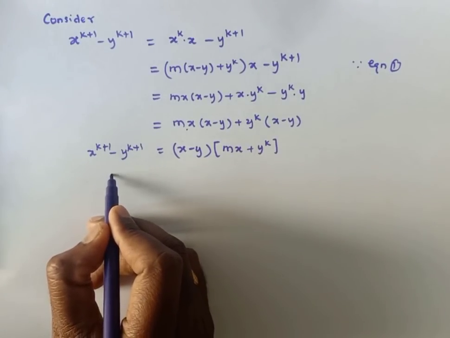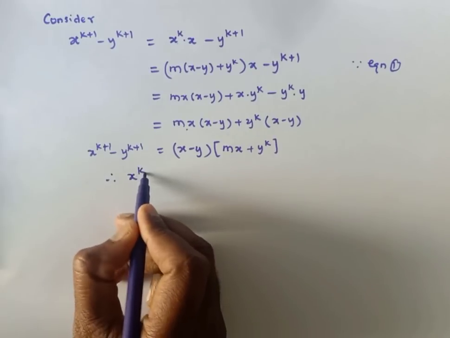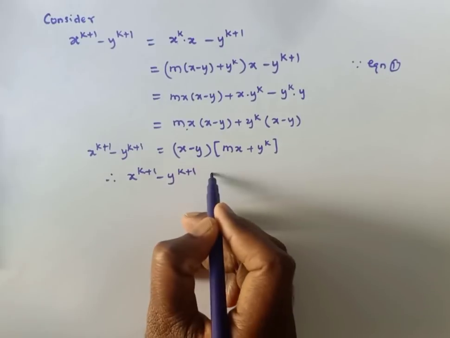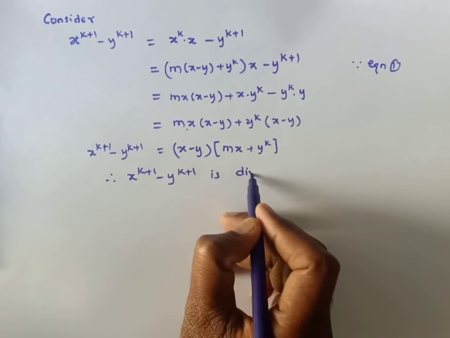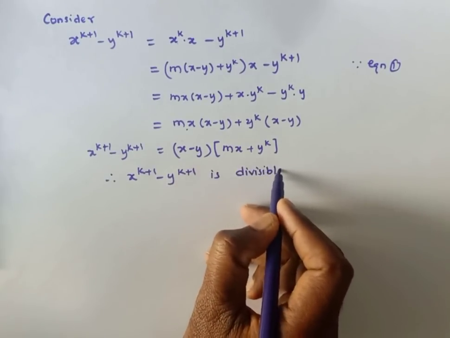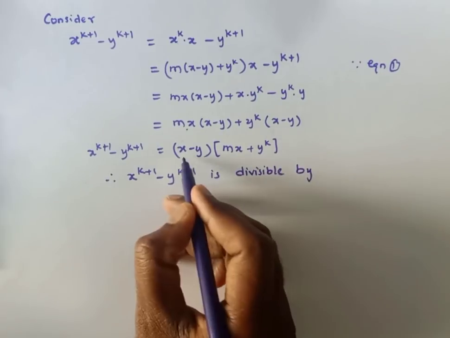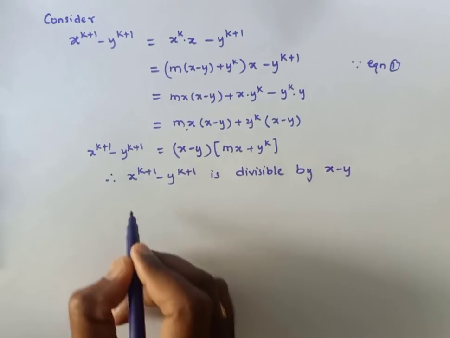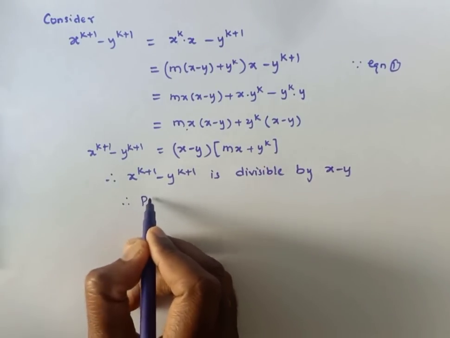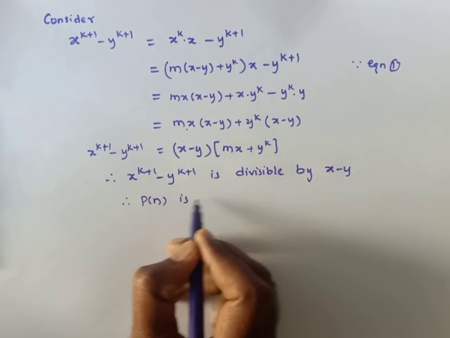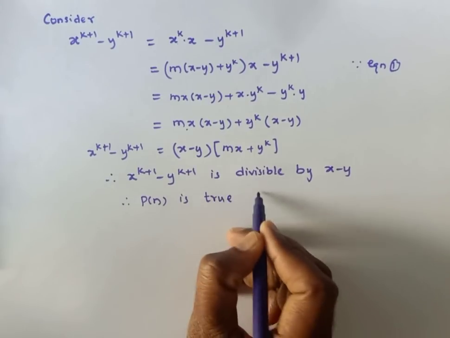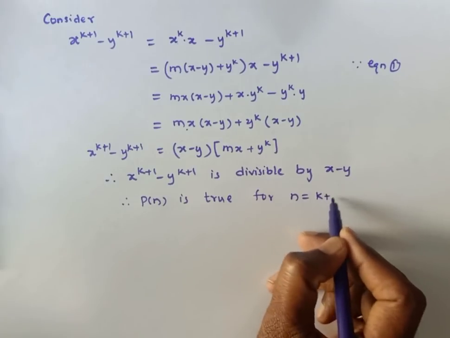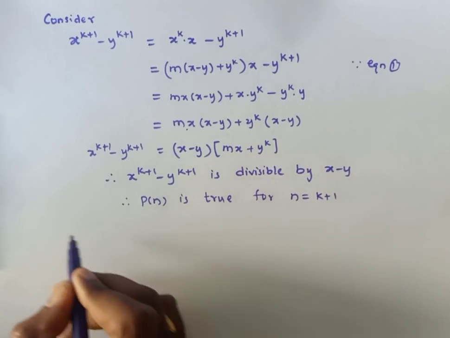Therefore we conclude that x to the power of k plus 1 minus y to the power of k plus 1 is divisible by x minus y. So the given statement P of n is true for n equals k plus 1.